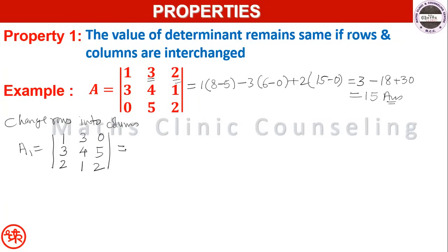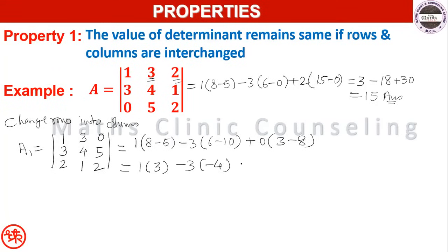And let us find the value: 1 multiplied by (8 minus 5), then minus 3 multiplied by (6 minus 10), and plus 0 multiplied by (3 minus 8). Is that clear? So it becomes 1 multiplied by 3 minus 3 multiplied by minus 4, plus 0 into this, which is 0.